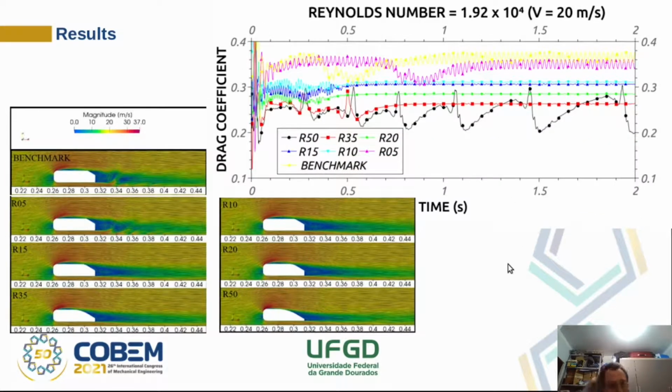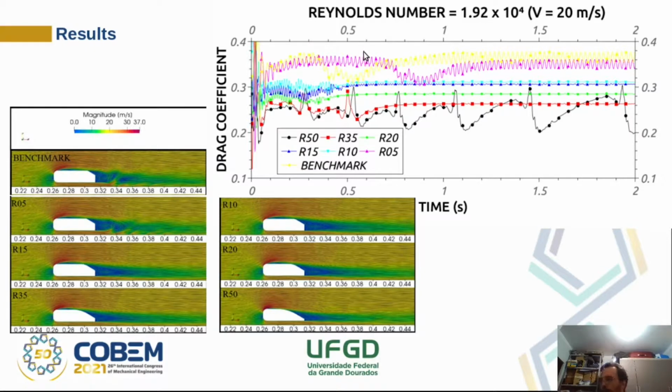For the next velocity, 20 meters per second, which leads to a Reynolds number of 19,000, we still had some periodicity in the lower curvature geometries, and this periodic behavior is extinguished as we increase the curvature.